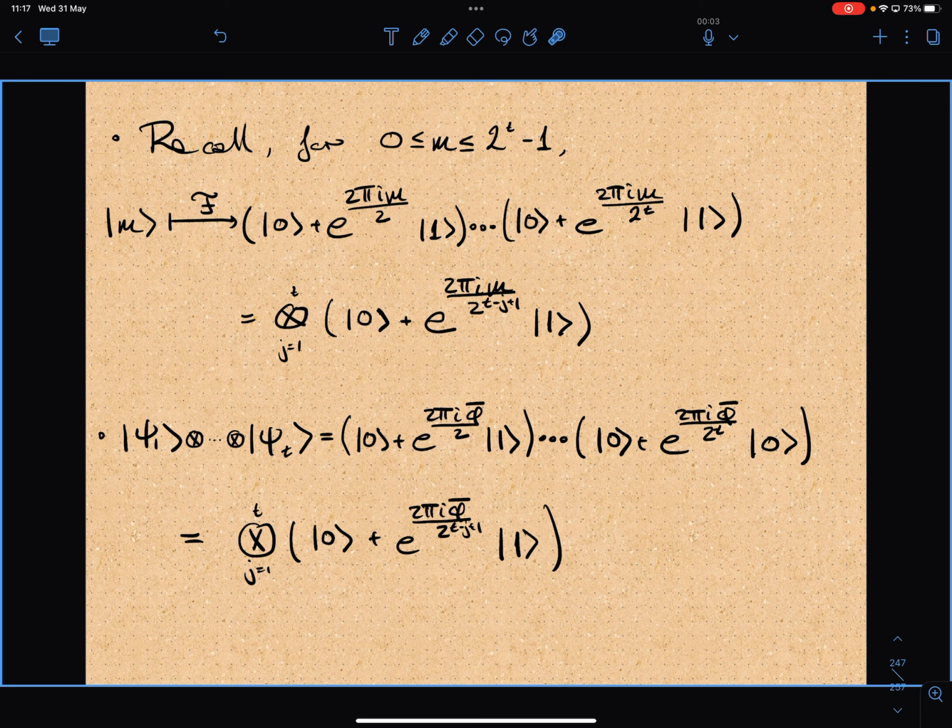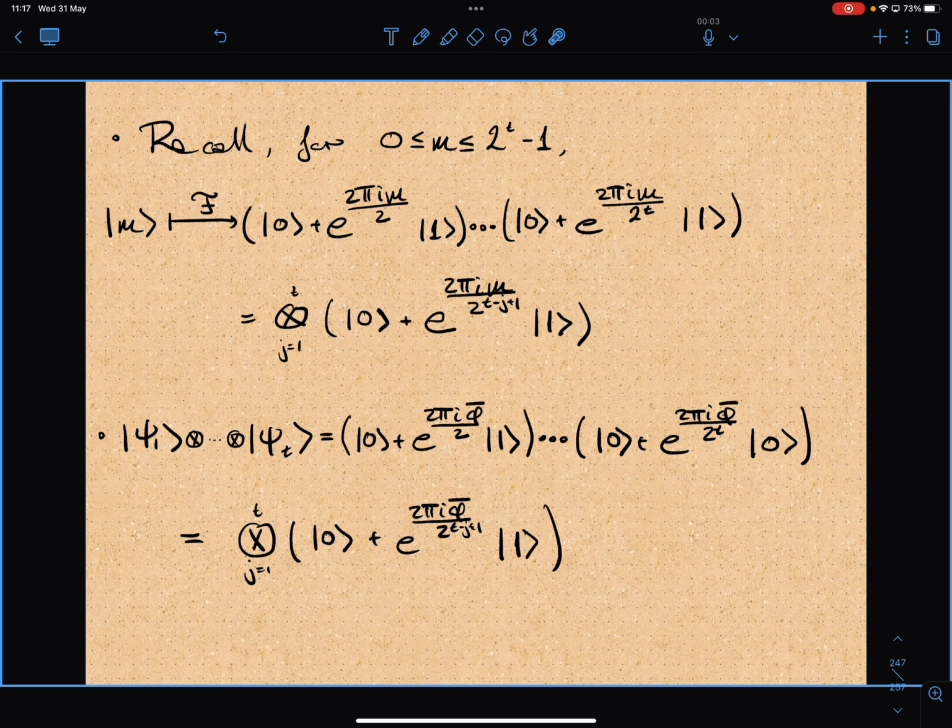So this product of qubits, you can actually write as this tensor product, where it's 2 pi i m divided by 2 to the t minus j plus 1. So in here, the phase is increasing or decreasing depending on which way you see it, but the powers of 2 are consecutive.